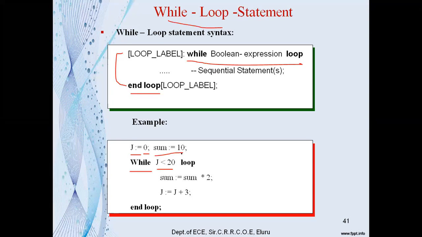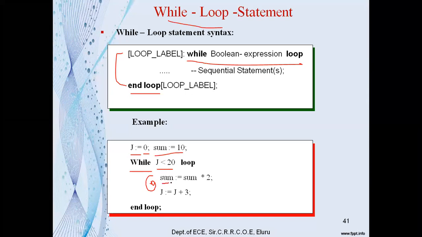The initial value of j is 0, and the sum has an initial value of 10. The loop is terminated when the j value is greater than 20. As long as j is less than 20, these instructions are repeatedly executed. When j is greater than 20, execution comes out of the loop.